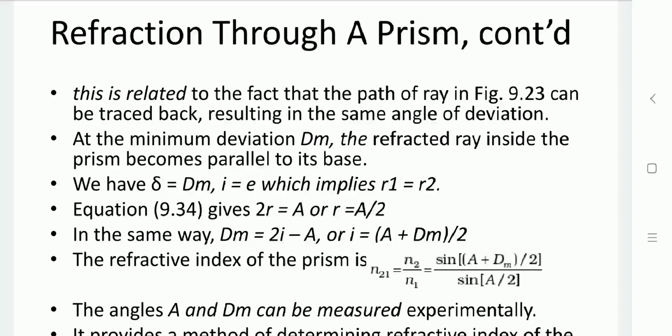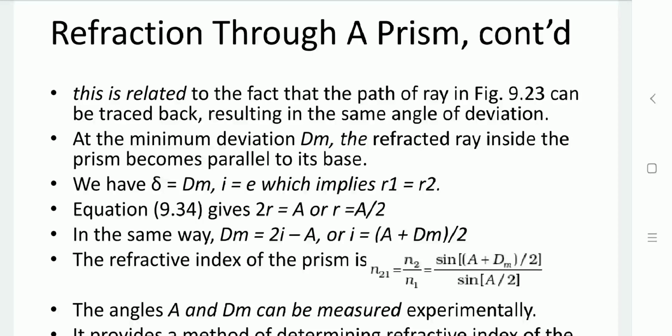So the minimum deviation dm equals 2I minus A, and making I the subject, I equals (A plus dm) by 2. By this equation, if the ray is incident at the angle (A plus dm) by 2, then we get the minimum deviation.